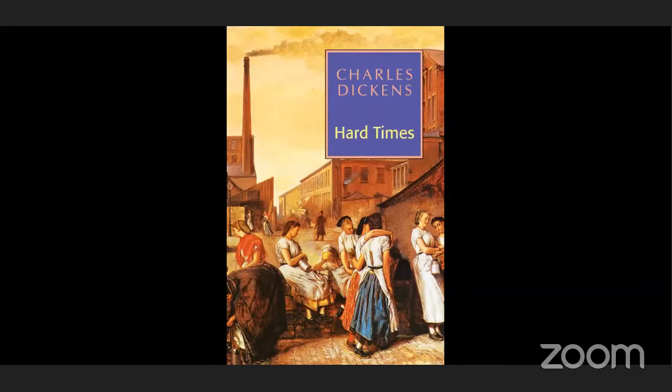The chimney is a symbol or image of industrialization or industry. This is how he used these images and symbols. Coketown itself is a symbol of upcoming urban towns or urbanization.